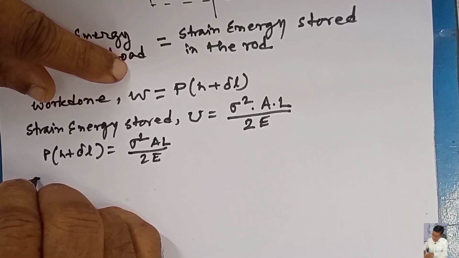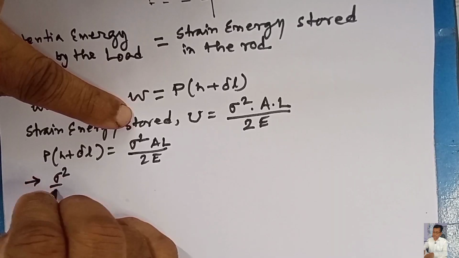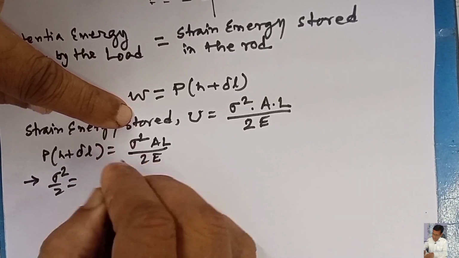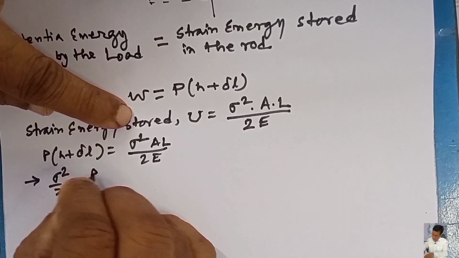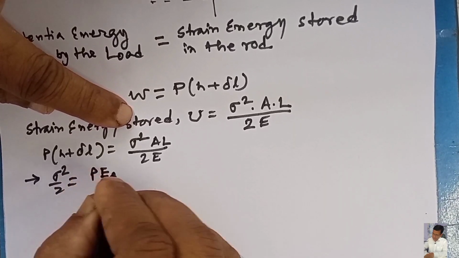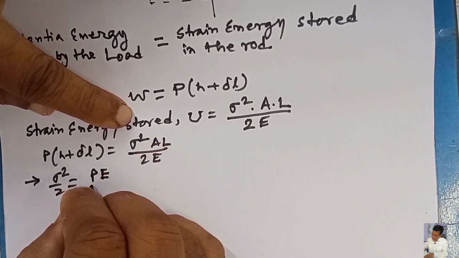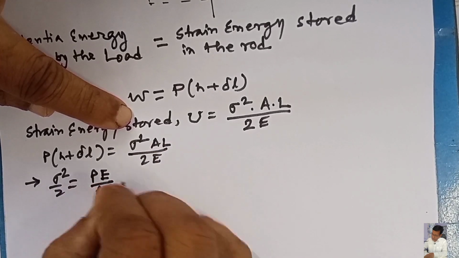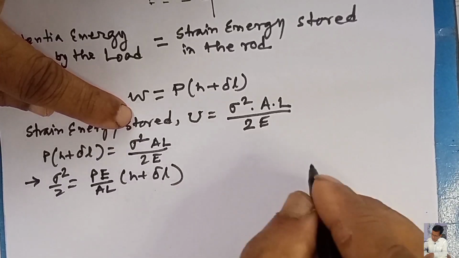Or this sigma square by 2 is equal to PE by AL into (H plus del L).